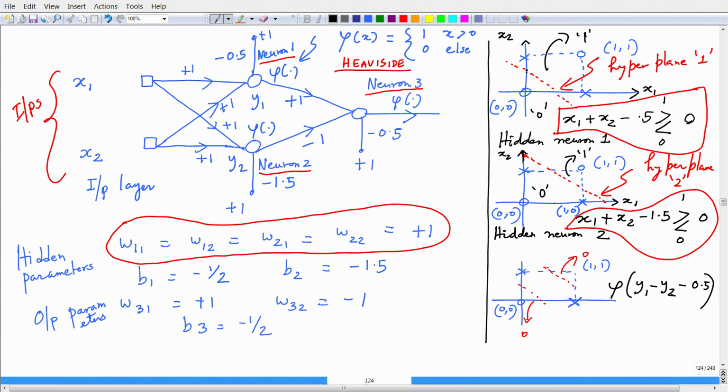For this, we take the functional signals y1 and y2 from neurons 1 and 2 respectively, and then we have the synaptic weights that connect these hidden neurons to the output neuron, and there is also a bias on the output neuron. We combine them in some way that gets the desired result that we want. So, what I do is the following.